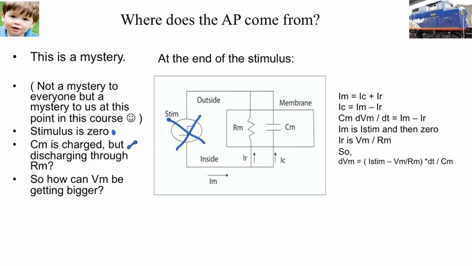So that means we've got plus charges over here, minus charges over there, some more plus charges over here, some more minus charges over there, within our membrane, up against our membrane, because we have put them there with the membrane current. We have pushed those charges in, but now the stimulus is turned off.